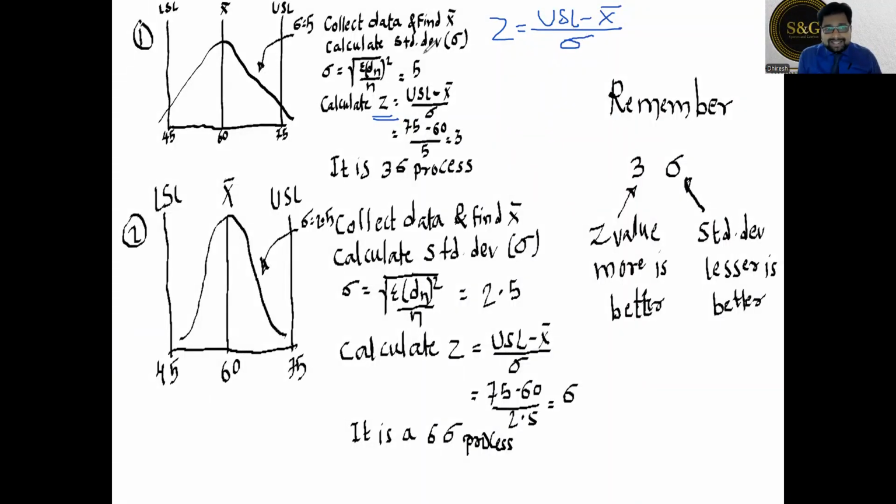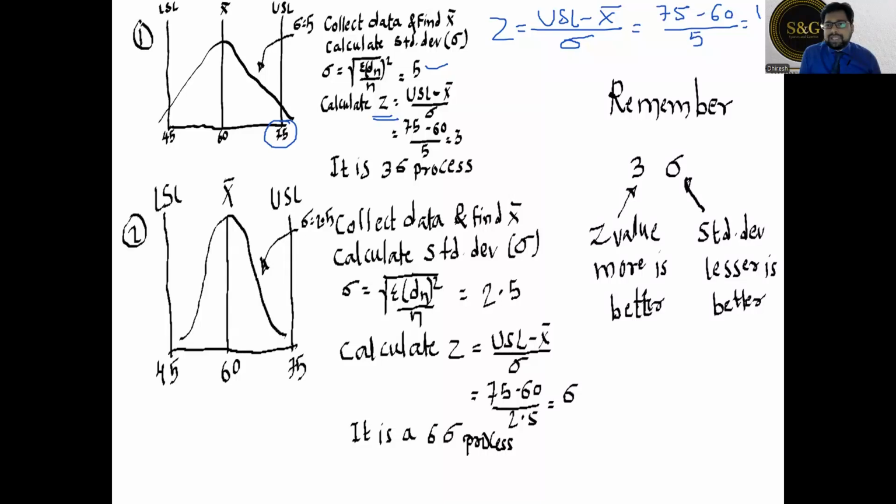Now in this case, I'm just giving you some numbers. USL is 75, so 75 minus X bar. Let's say X bar is 60, divided by standard deviation. Let's say sigma is given as 5. Can you just calculate this?